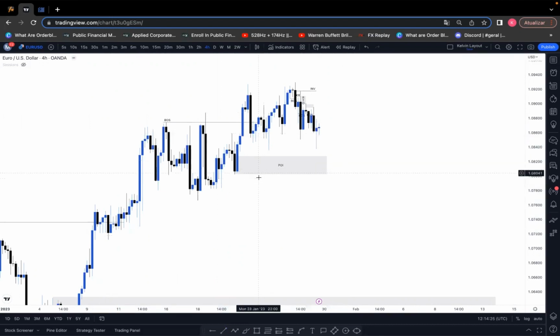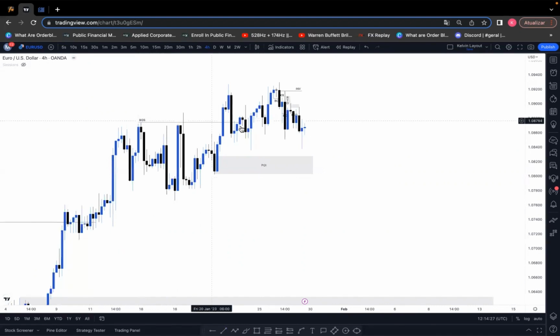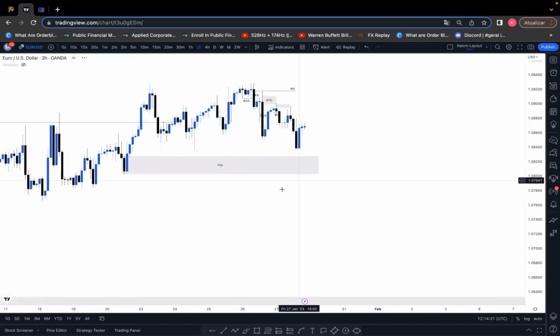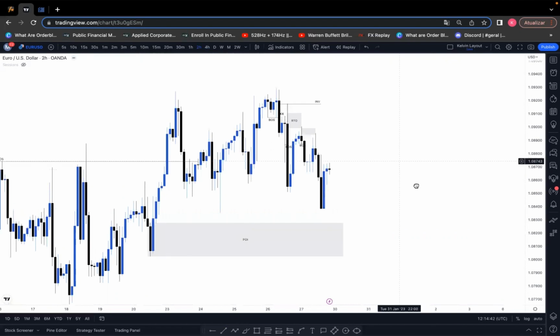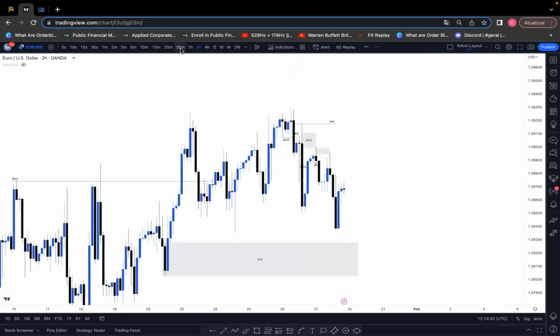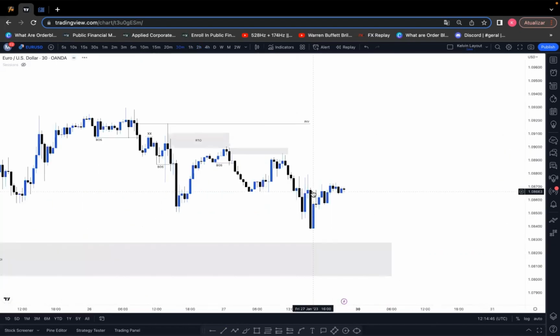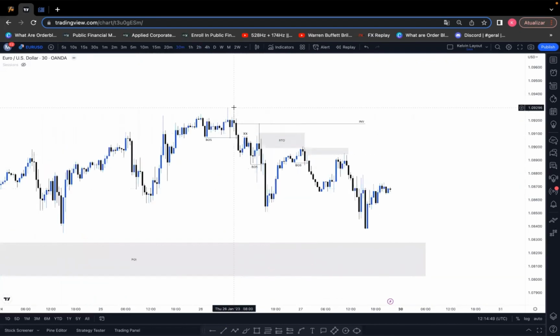But I still consider that we had this 4 hour break of structure. We have a refined order block here, which I think I refined on the 2 hour time frame. That's this down candle before the up move. We had a little bit of inefficiencies below. Throughout the week, when I came into the markets, I dropped down to the 30 minute time frame, and we saw this break of structure.